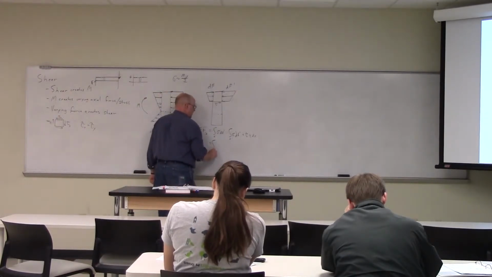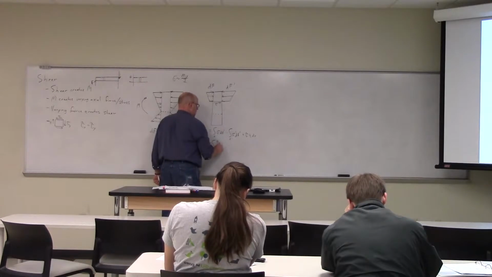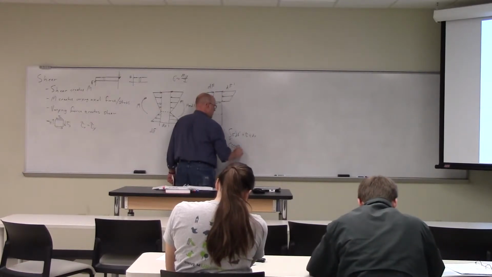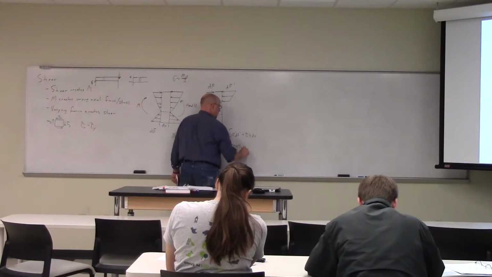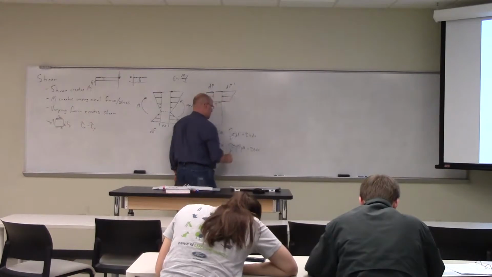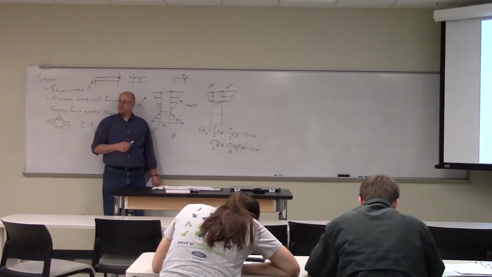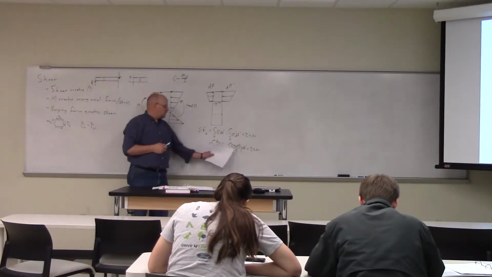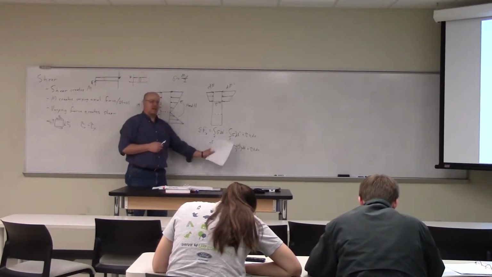So I'll take this integral over A prime of My over I dA prime, minus the integral over A prime of (M plus dM) over I times y dA prime, plus still the tau t dx. The only difference between these two is the dM term.